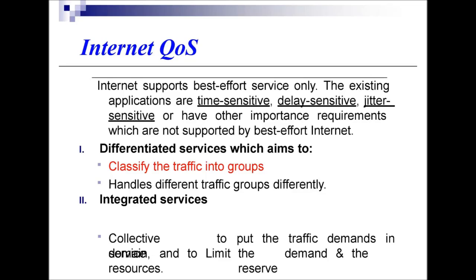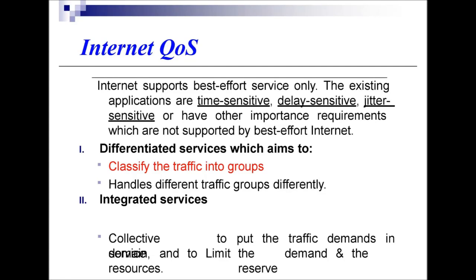Second is integrated services, a collective service to put the traffic demand on the domain, limit the demand and reserve resources. So in integrated services, we reserve resources for the applications.